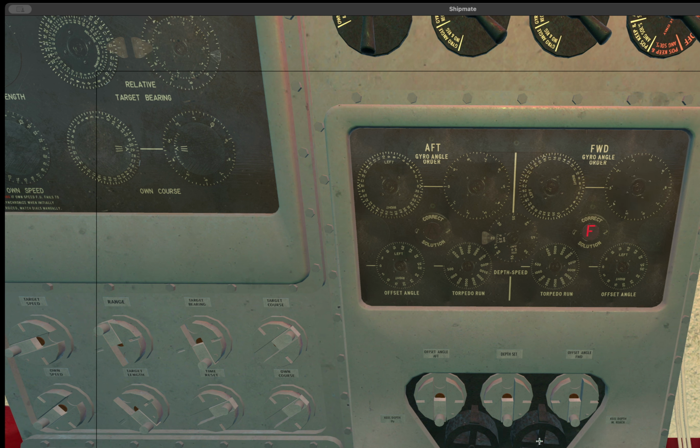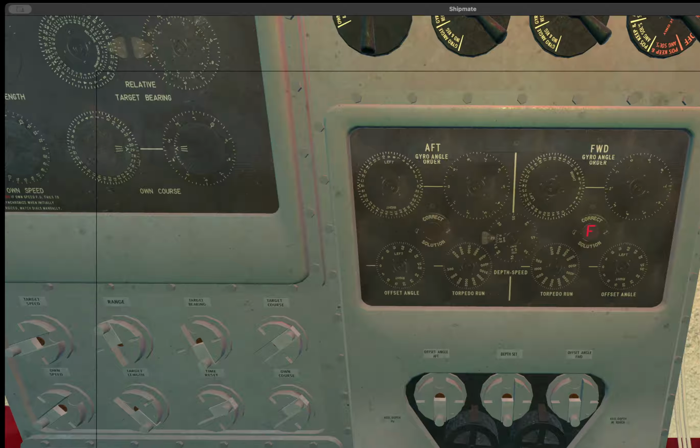Reach is the distance when the torpedo goes straight after shooting, without changing the angle to the gyro angle. And gyro angle is the angle between our torpedo tube line and the target.